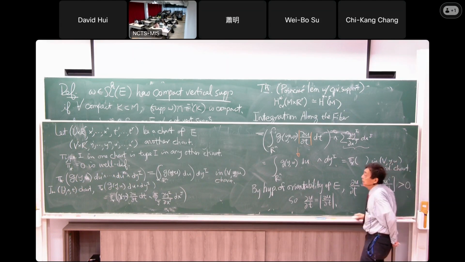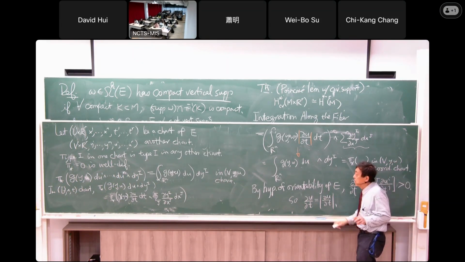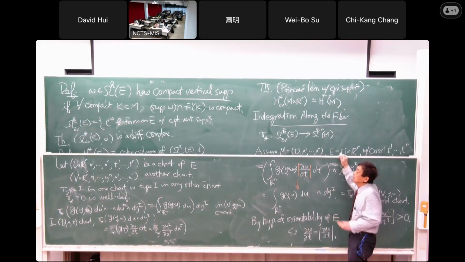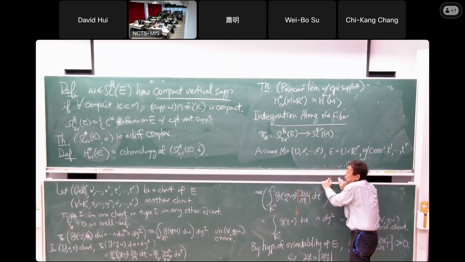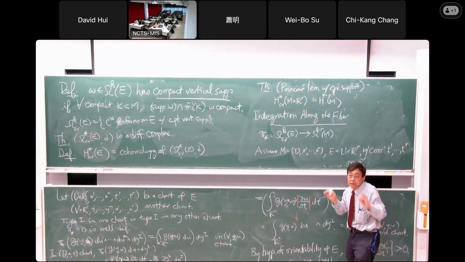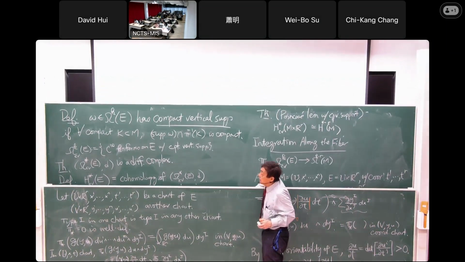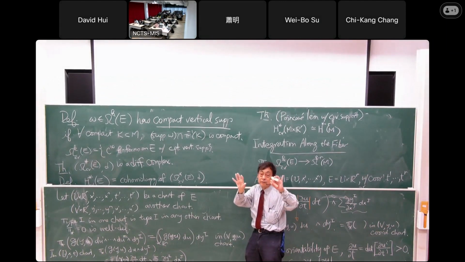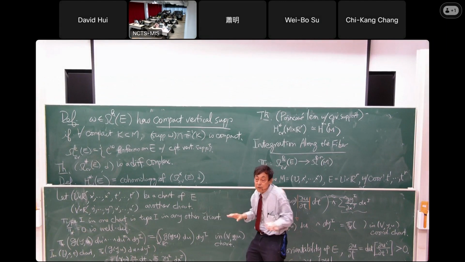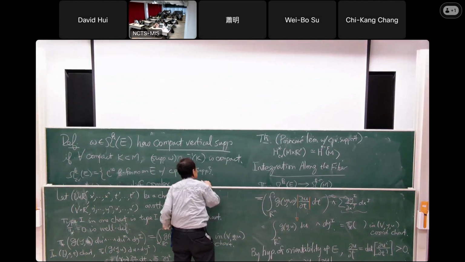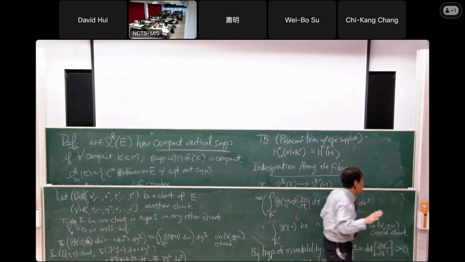And that proves that integration along the fiber is independent of coordinates, and therefore, if you define it on two coordinate charts, on the intersection they agree. And so you can define integration along the fiber on the entire vector bundle.